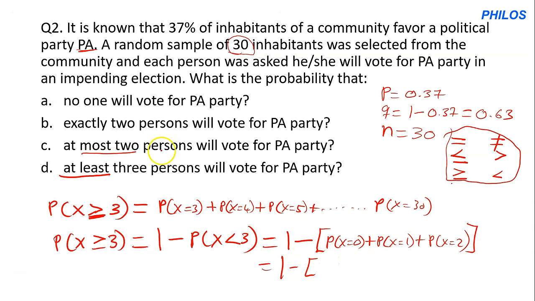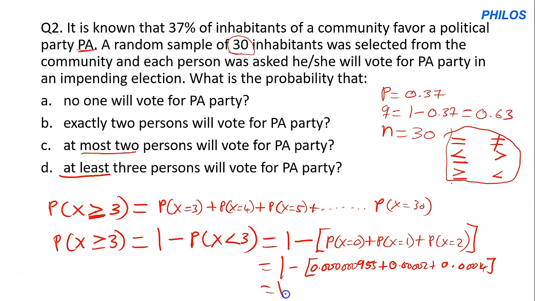Now from the answer to question C, we got a probability that x is exactly 0 to be 0.000000955. So there's no need solving it again, you can just take it from there. Okay, plus probability that x is exactly 1 is 0.00002 plus probability that x is exactly 2 is 0.00014.